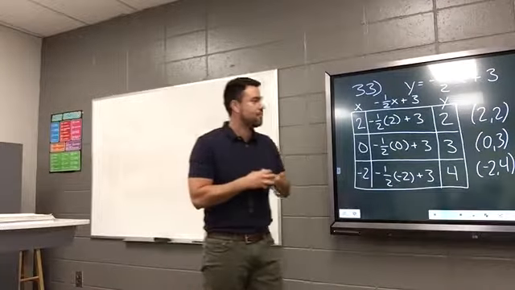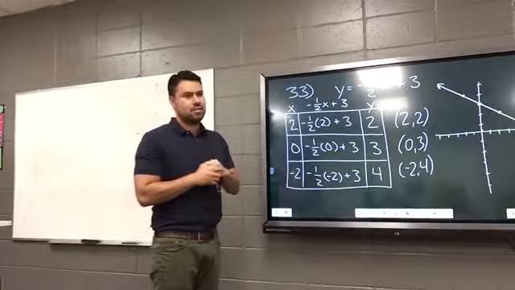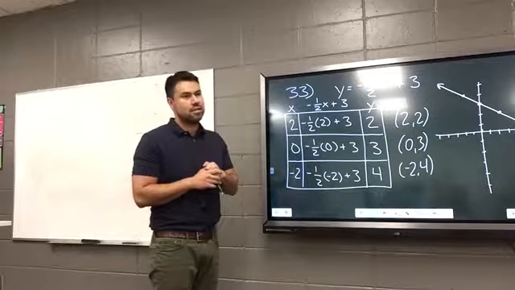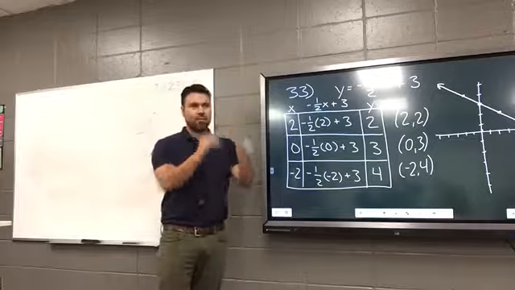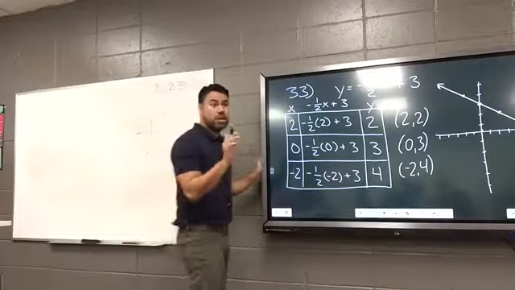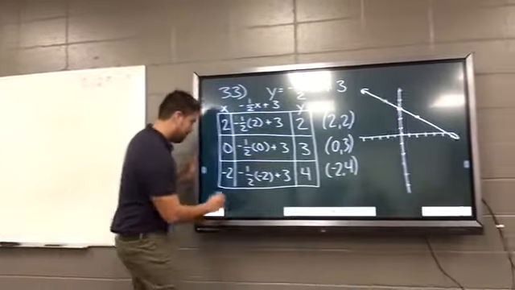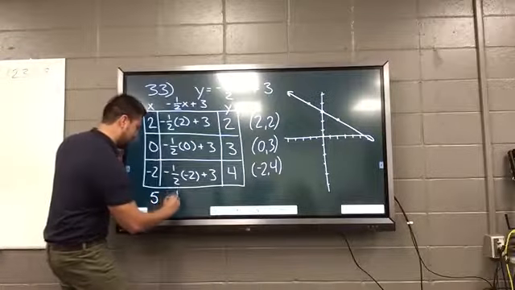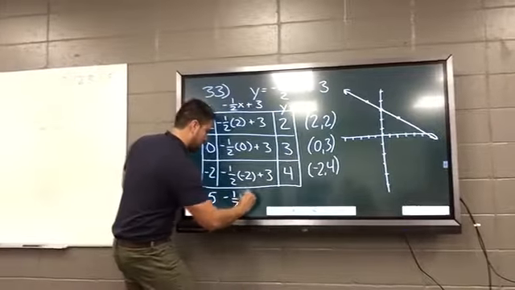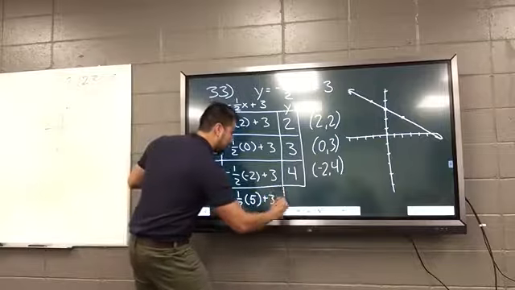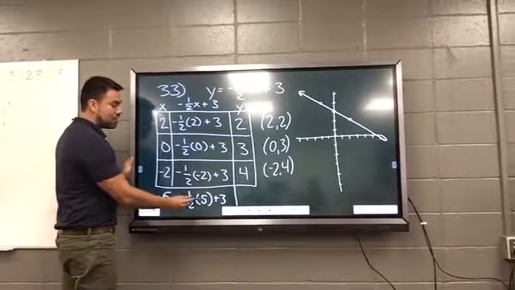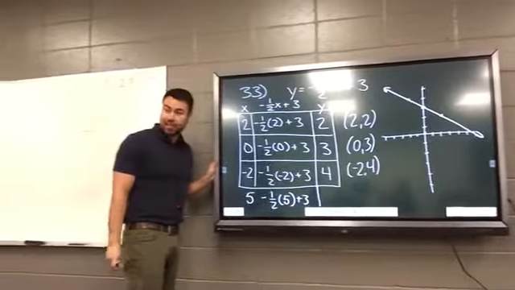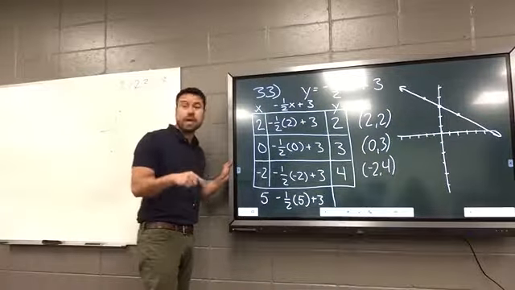Callie? Could you do like 5? So what would be that ordered pair? 5, 0. Okay, you know what? And then you said 0? Okay. Negative 1/2 times 5 is negative 5 halves, which is negative 2.5.